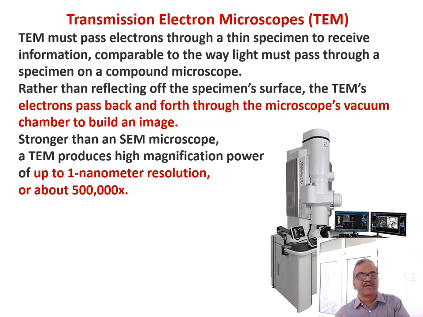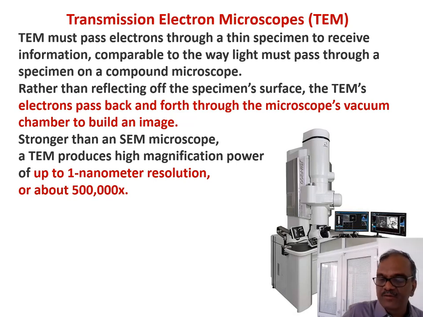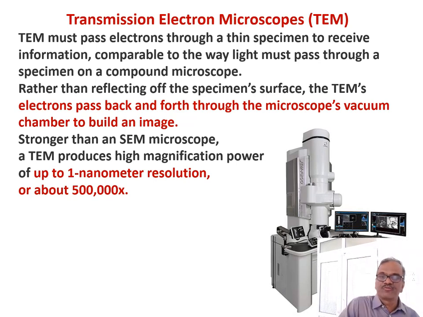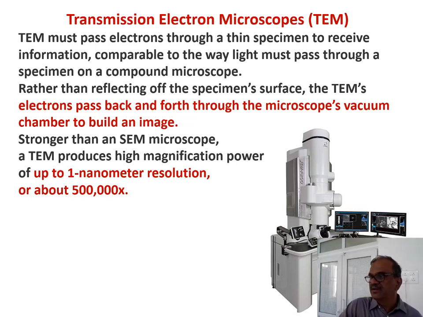In the case of the TEM, it passes the electron through a thin specimen, whereas in light microscopy light passes through the specimen. The electrons pass through the microscope's vacuum chamber, so it is bigger in size. Recently tabletop models have come, but earlier an entire room was allotted for the transmission electron microscope. A very big beam of electrons comes, completely covered with a vacuum chamber.